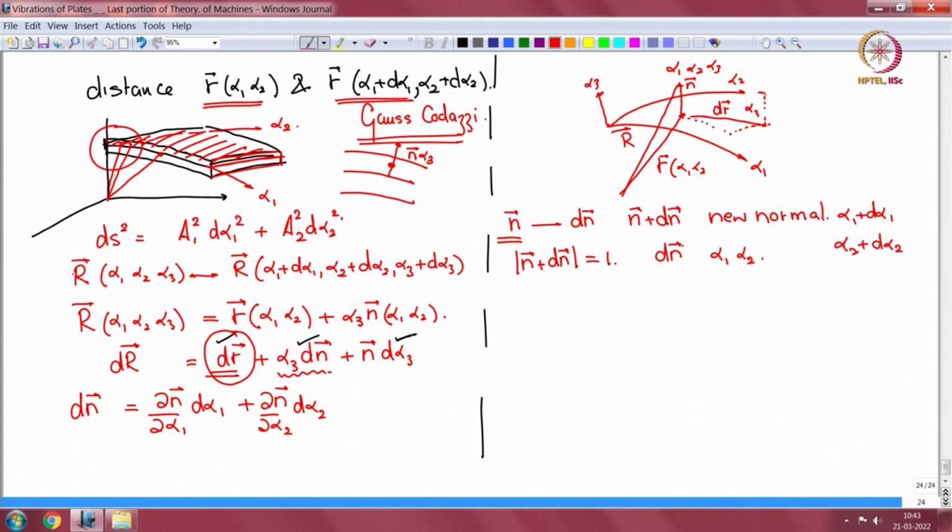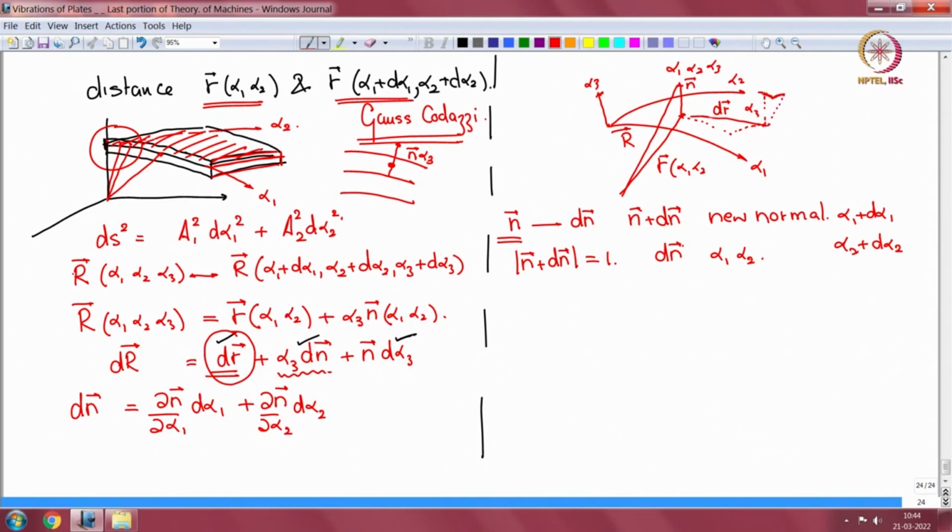Then I move a certain distance del n by del alpha 1 d alpha 1 in the alpha 1 direction, then del n by del alpha 2 d alpha 2 in the alpha 2 direction. It is a bit exaggerated, let me shorten it. So I am here now.